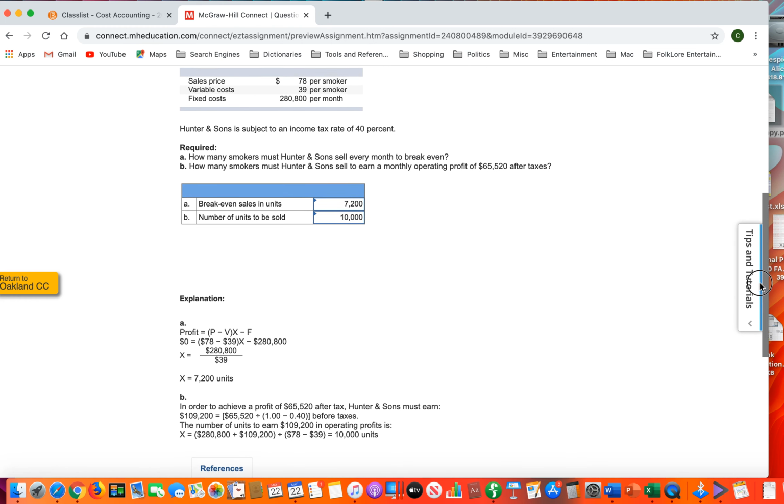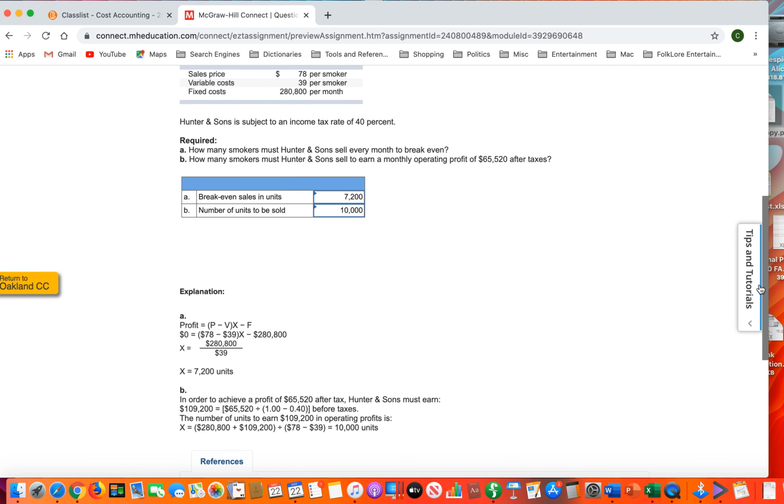Okay? And again, they show you that here. At least the first part. It's 109,200. Because if you take 65,520 and divide it by 0.60, which is 1 minus 0.40, that'll give you 109,200.